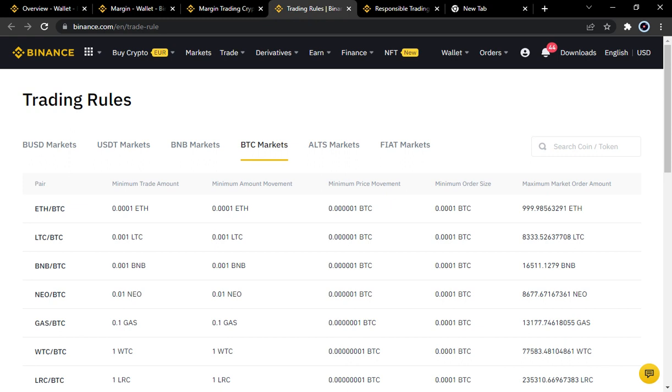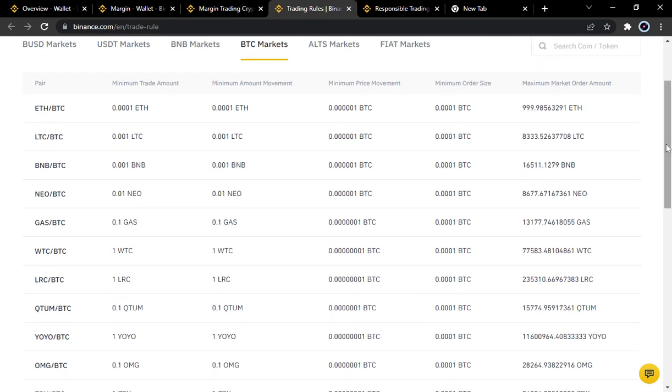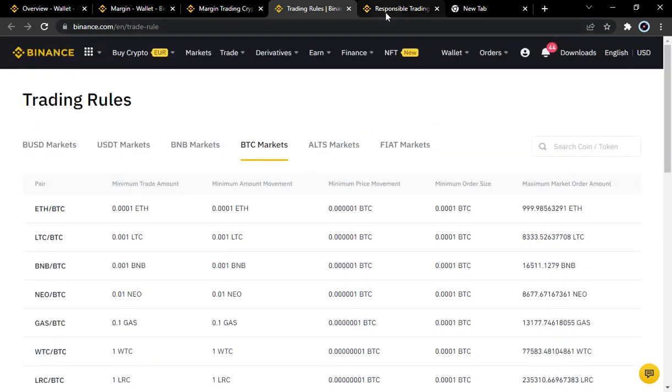Next, we're going to look at some of the rules that are associated with the Binance margin period. For the Binance margin trading, you want to know that there are BUSD markets, different markets with different trading and minimum trade amounts. So you want to take note of these individual trade rules that have been placed for margin traders.